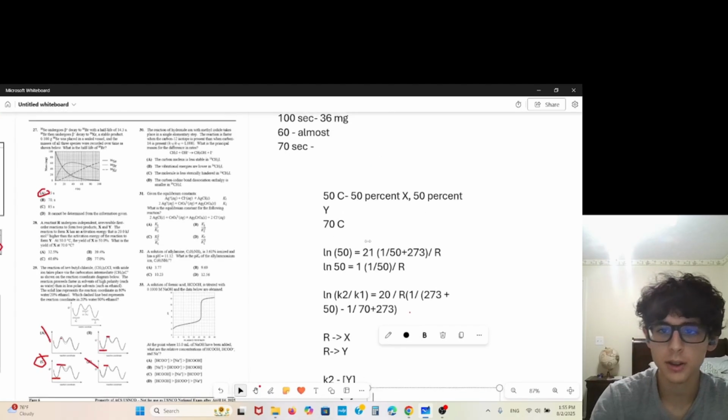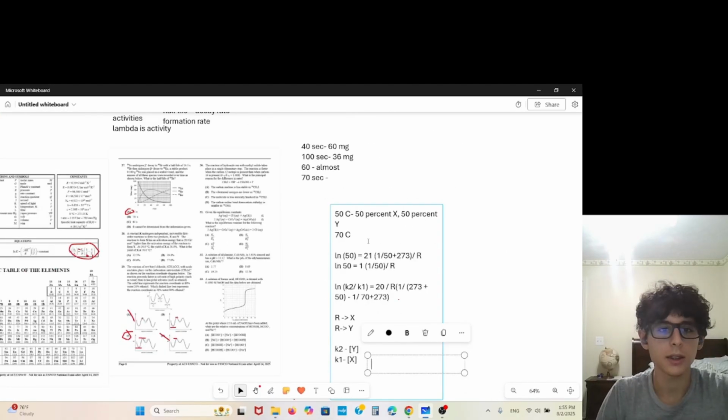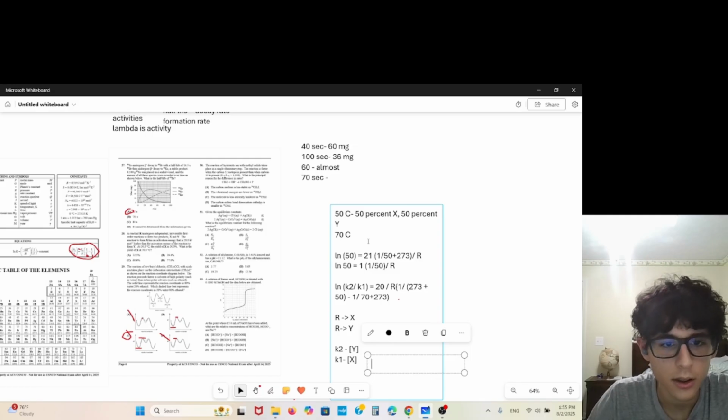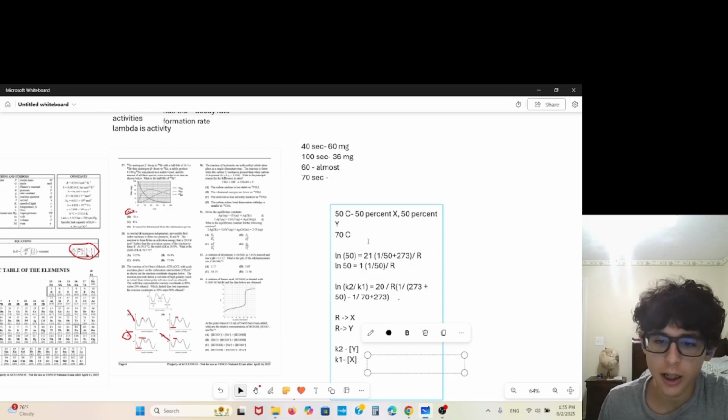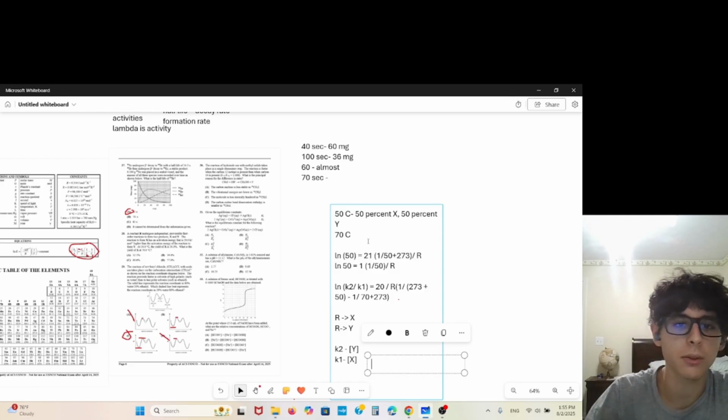So just plug this stuff into this equation. Let's call this K2 to K1 ratio W. Ln of W equals your activation energy difference, because you're subtracting equations theoretically. Please be careful.